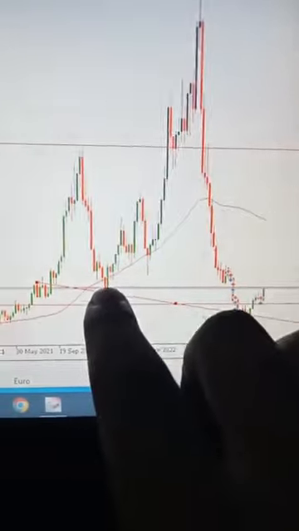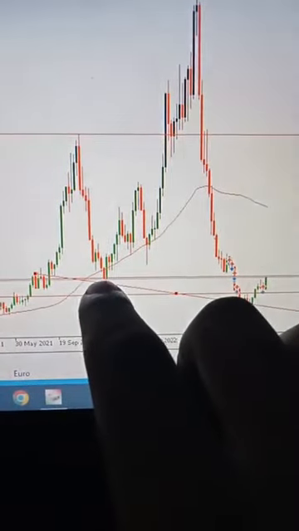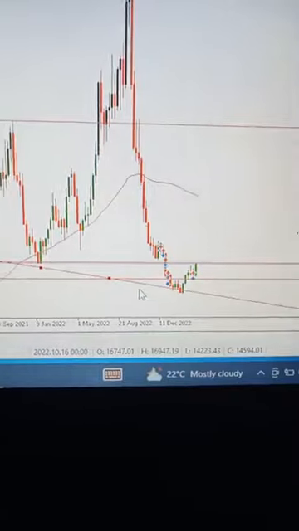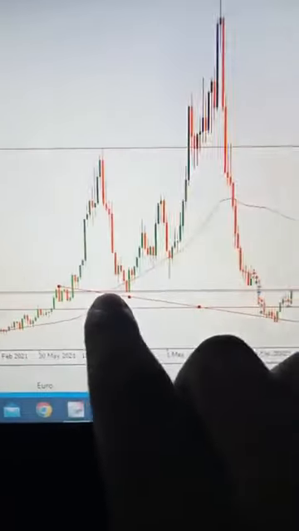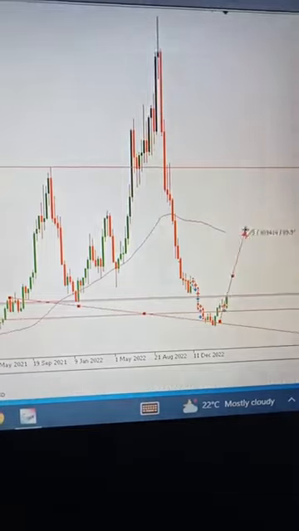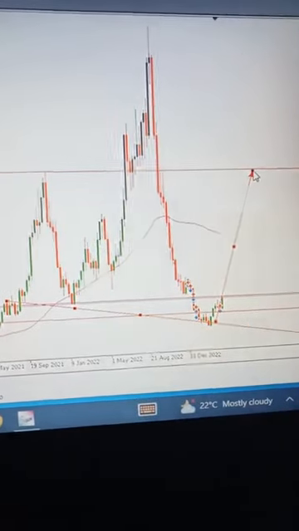As you can notice, the first neckline, the reversal was here, but the second neckline was a bit longer. This is a Quasimodo head and shoulder, where the necklines are not equal, but the shoulders must be equal. So a safe entry for a buy will be once this line has been broken.